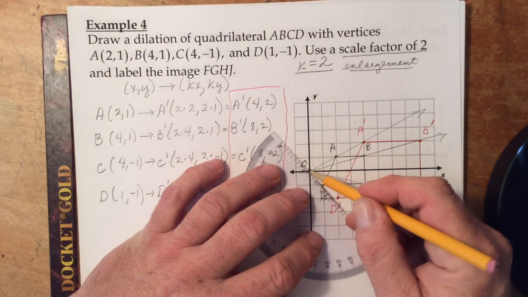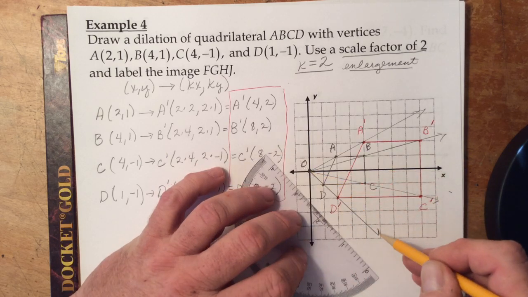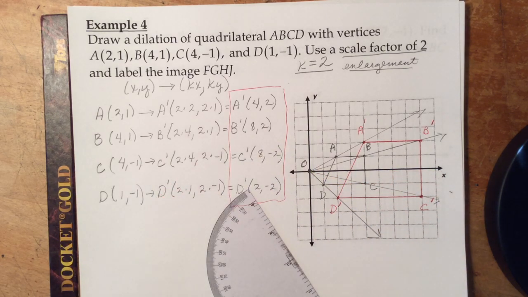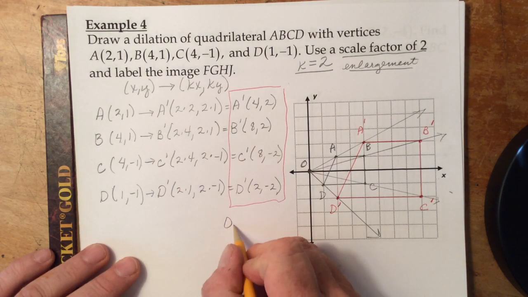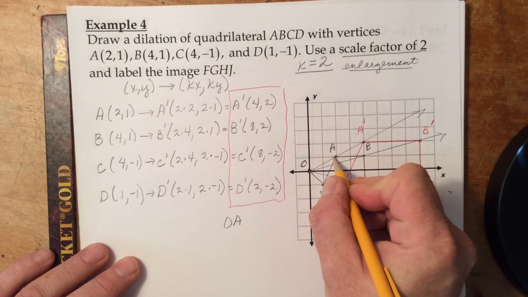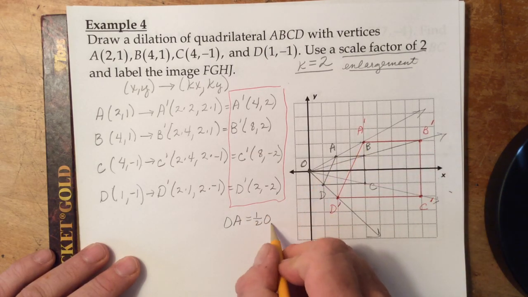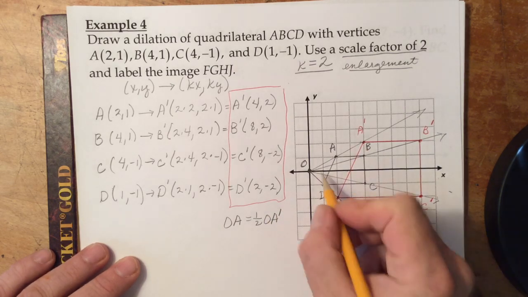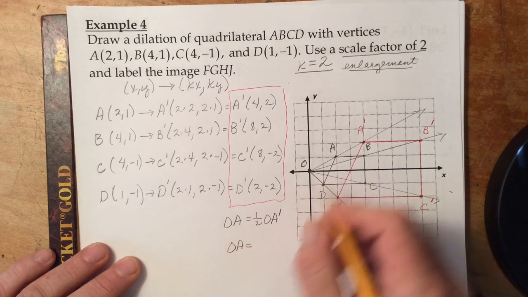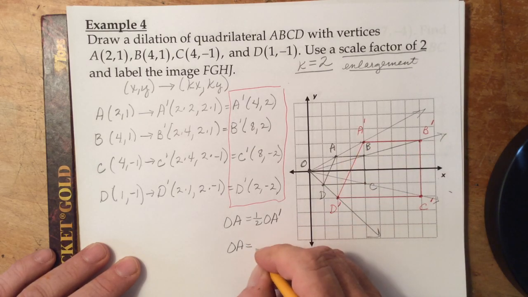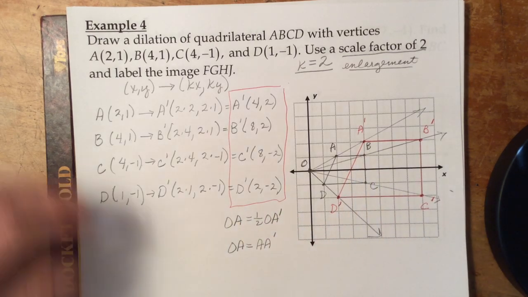This will always be true from the point of dilation when you perform a dilation. Notice that OA is half the length of OA prime. Also notice that the length of OA is equal to the length of AA prime. And you can make a whole bunch of statements based on this.